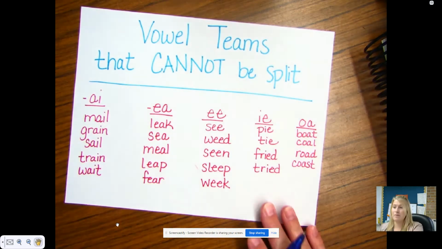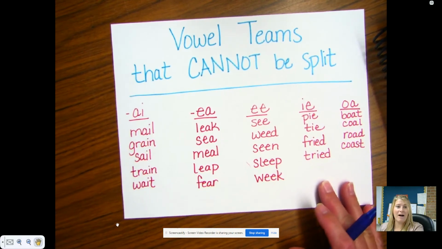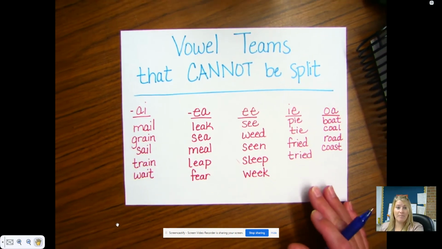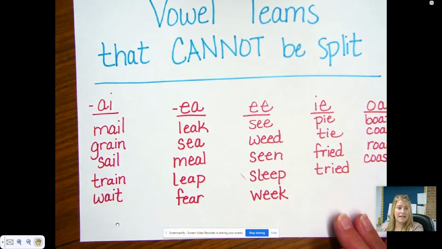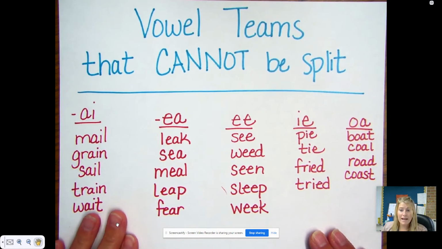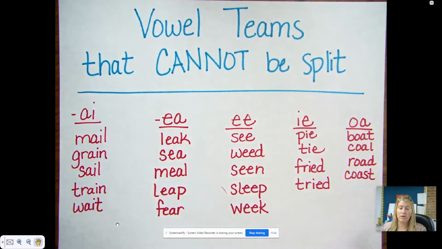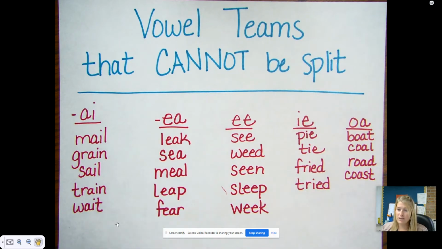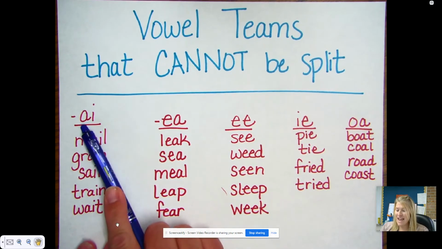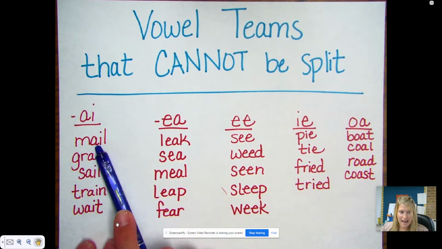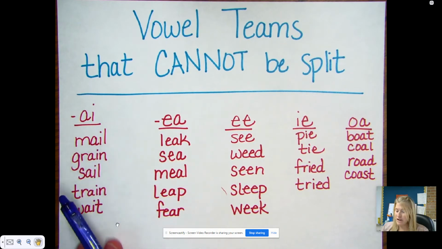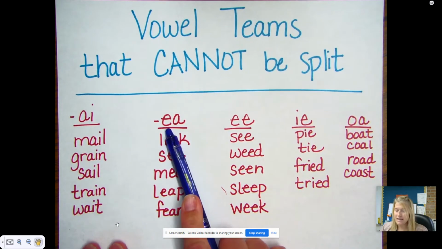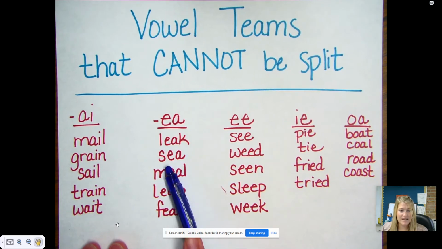You know this from the past, that some vowel teams cannot be split. They need each other to make that one vowel sound. So here's the vowel teams that cannot be split. Just as a reminder, we have the AI, like in mail, where you hear that long A sound. The EA vowel teams, these cannot be split up.